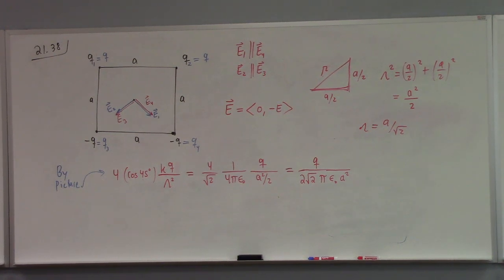So let's see here. F1 is equal to, I guess I'm going to fall back on my formulas actually, because that's just how I am. So I'm going to do K, Q1, Q2 divided by, what's the distance here?